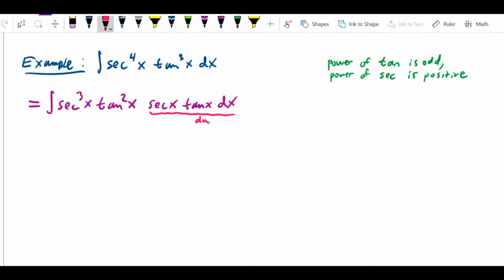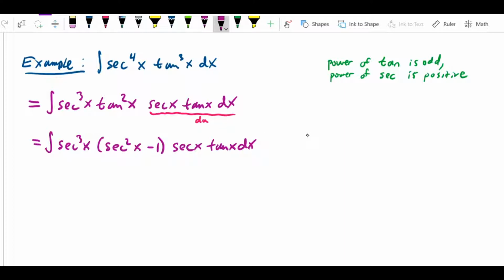If that's going to be du, then I want u to be secant, so I want to rewrite everything else in terms of secant. Let's write secant cubed x, and tan squared x can be rewritten as secant squared x minus 1. That's one of those identities that you just have to know in order to do this course.